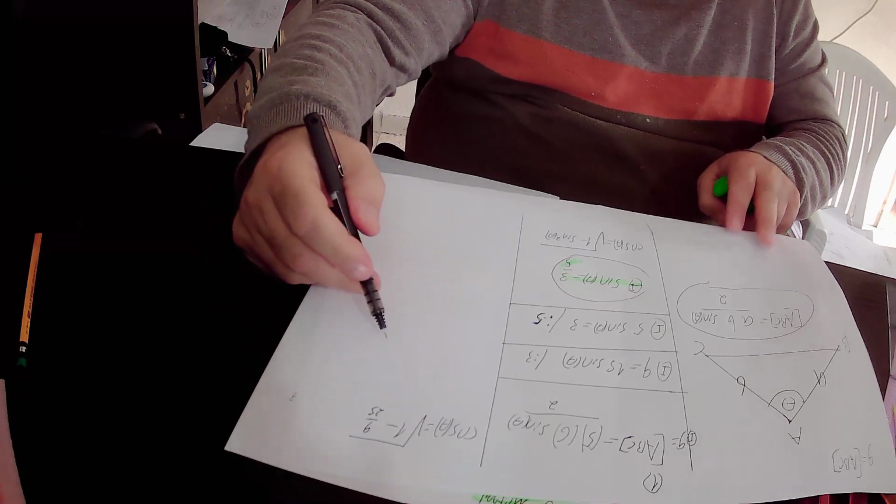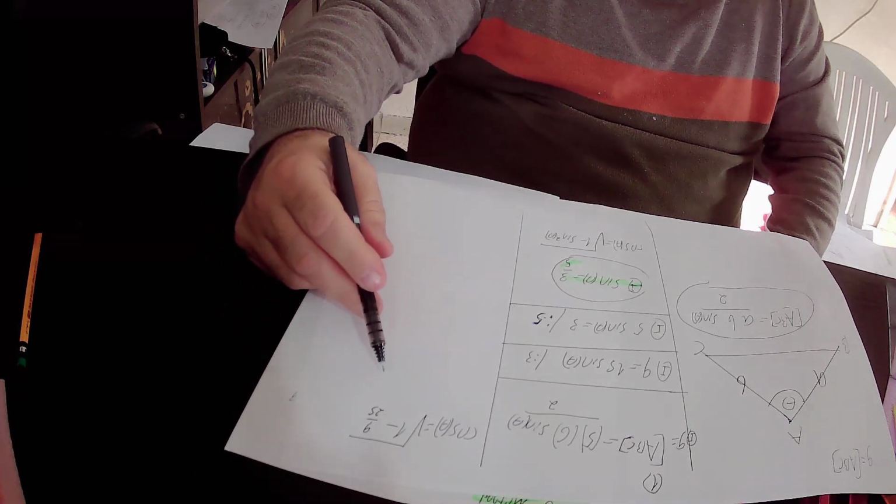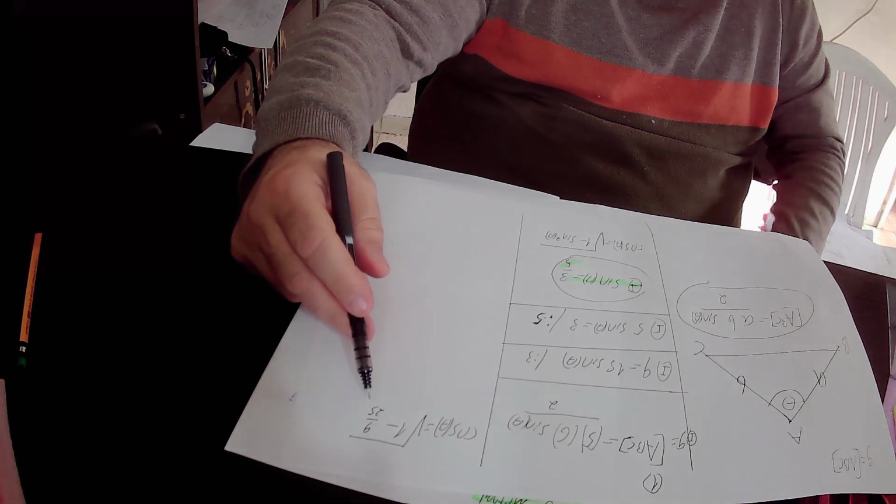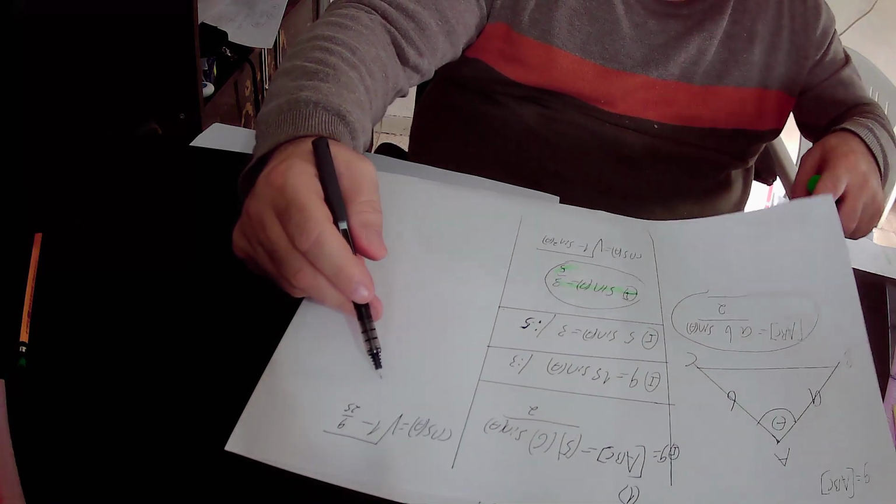So in conclusion, we found out that cosine theta equals the square root of 1 minus 9 over 25.